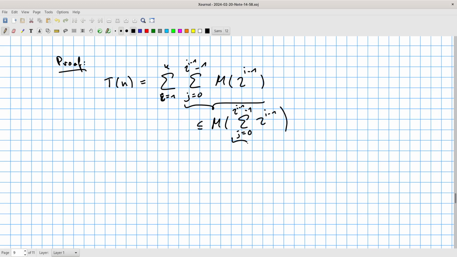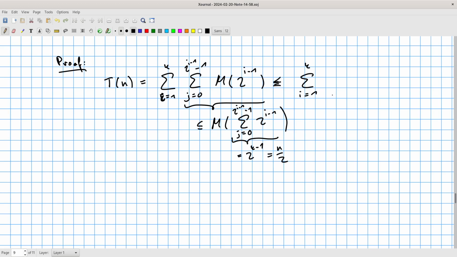And here, this is a geometric series. This is 2 to the k minus 1. And 2 to the k minus 1 is n half. So altogether, this is the sum i from 1 to k.